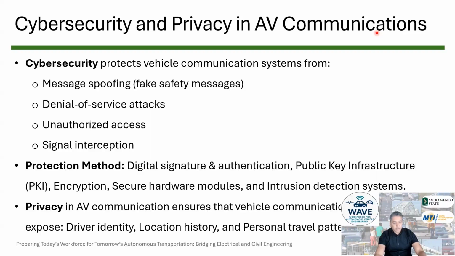And that is why it's a critical topic, especially in autonomous transportation, because autonomous vehicles are moving on the roads and have communication, and they are in contact with people, right?